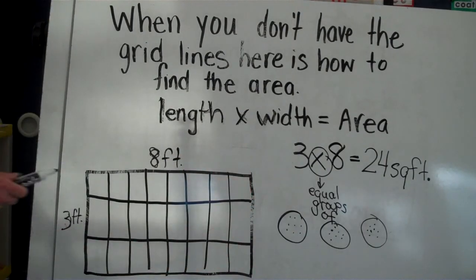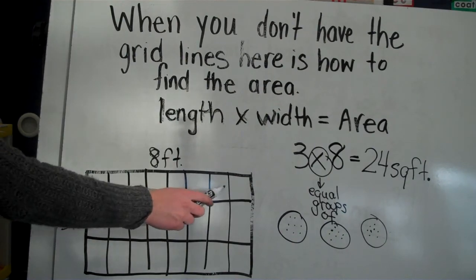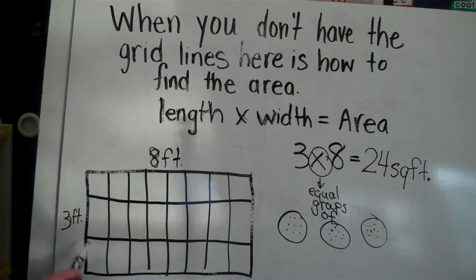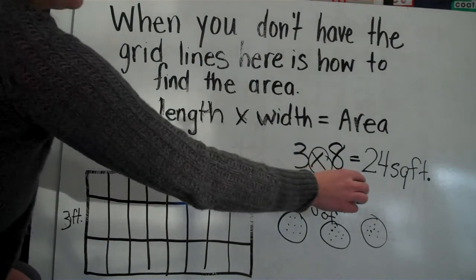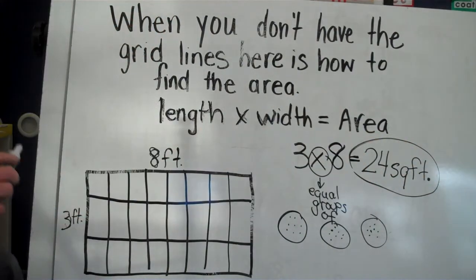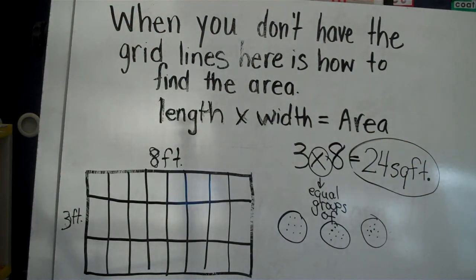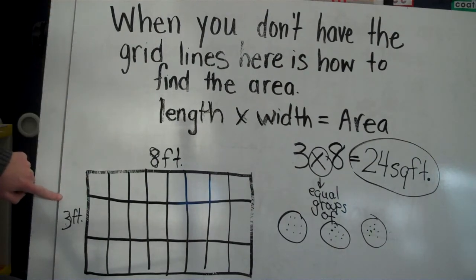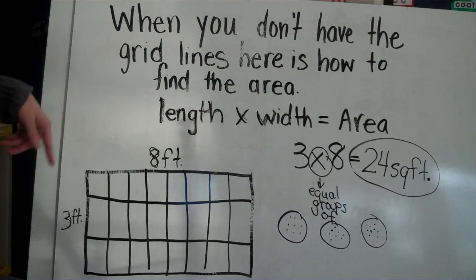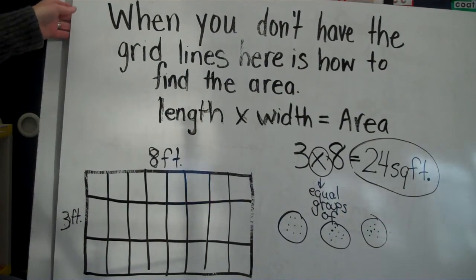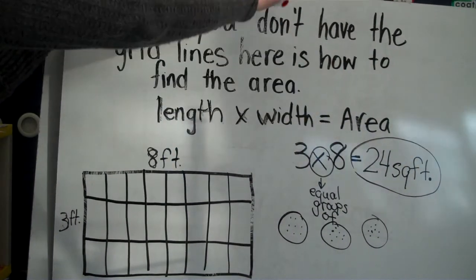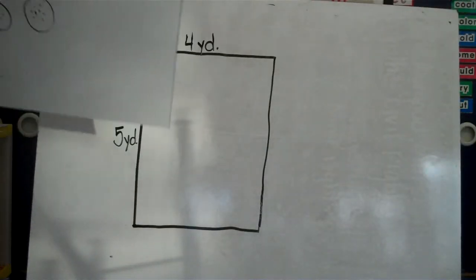That will give me my 8. When I counted up all of these boxes, I would still get 24 square feet. So I'm using length times the width, or width times the length. Either way, you're still going to get the area. Remember, it needs to be squared.